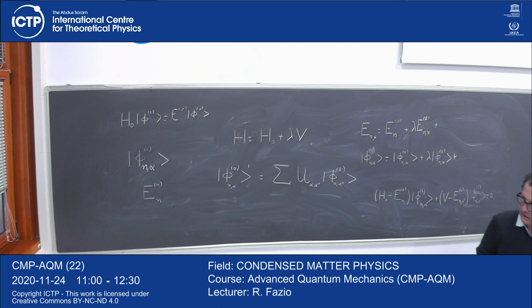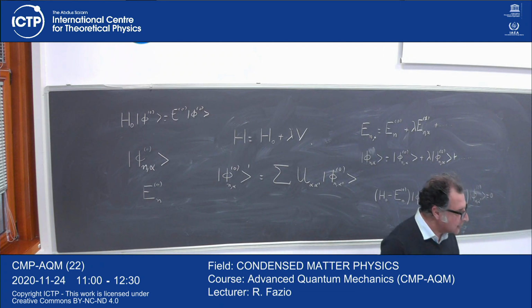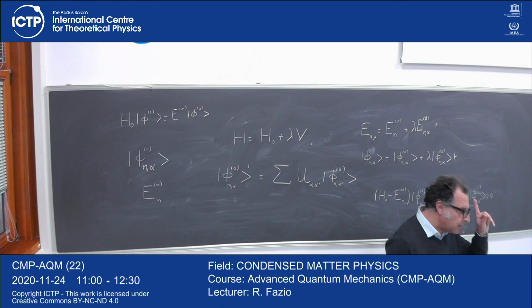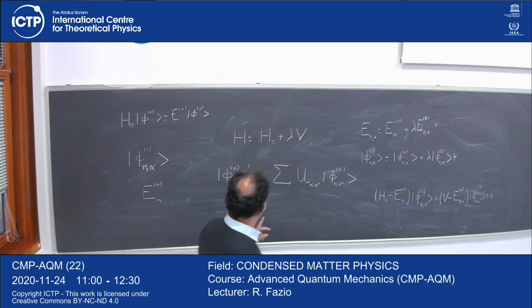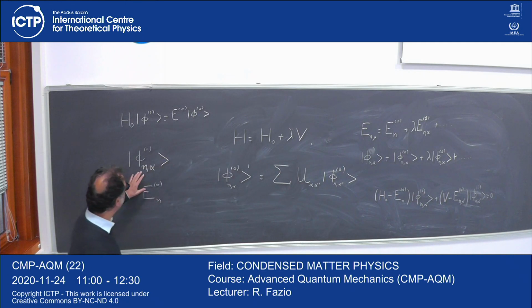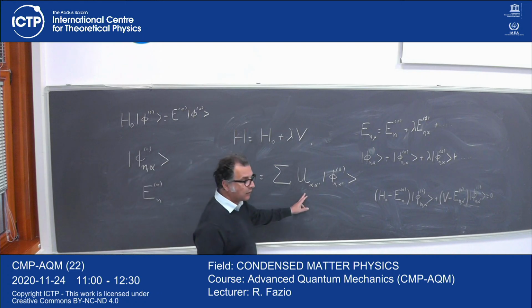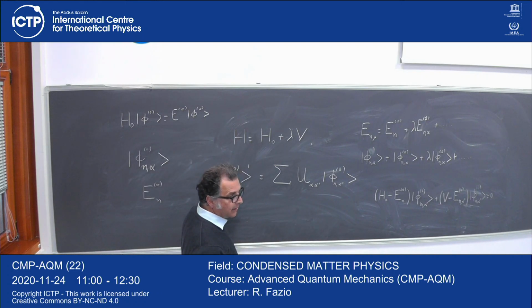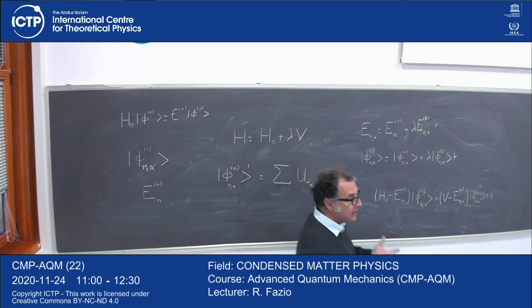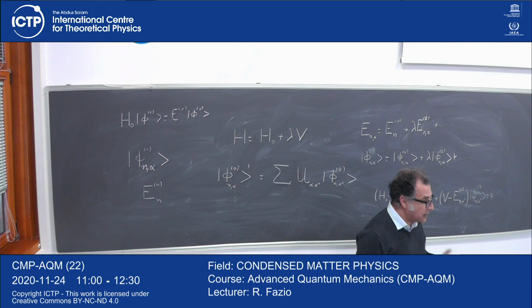Up to now, the only thing you have to keep in mind is the following. If phi 0 is the basis in the degenerate subspace, and if you do a rotation, the rotated basis also forms a set of eigenstates in the degenerate subspace. Is it okay at this point? Yes.